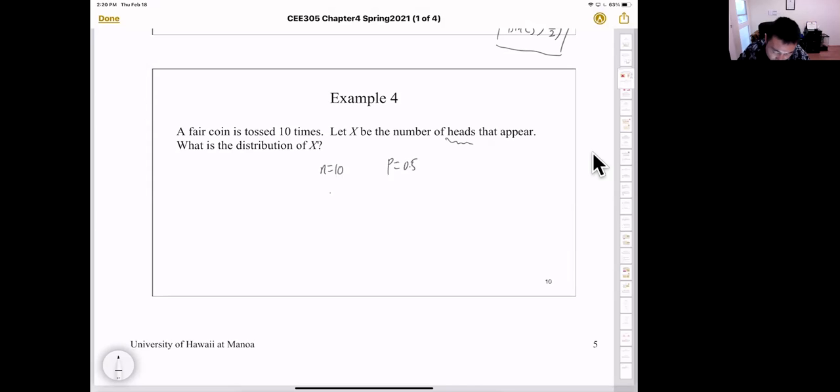So we see X follows binomial(n, p), where n is 10 and p is 0.5. So binomial(10, 0.5). And we can easily calculate the probability that we have less than 8 heads, or more than 7 heads.